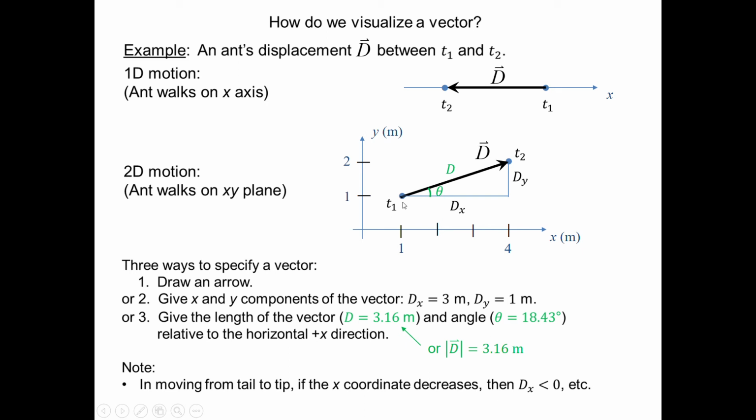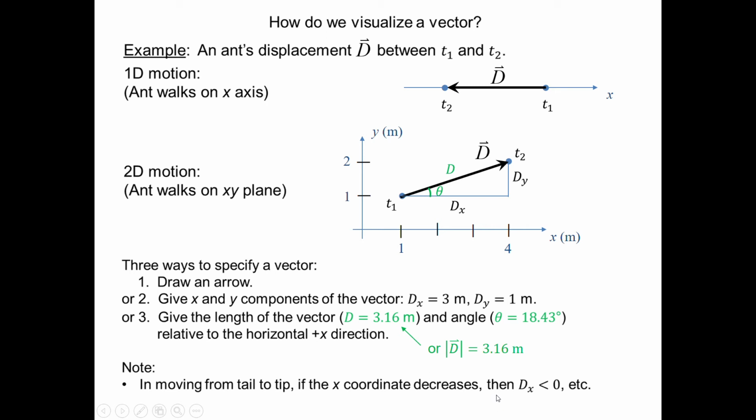And in this case, x increased by 3, and that's why dx was 3. And y increased by 1, and that's why dy was plus 1. If, for example, in going from tail to tip, x decreased, then you would put a minus sign in front of that. So if in moving from tail to tip the x-coordinate decreases, then dx would be less than 0, and so on.